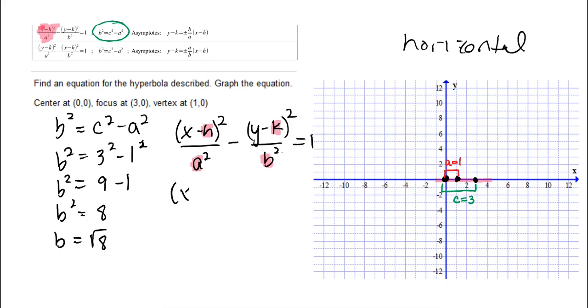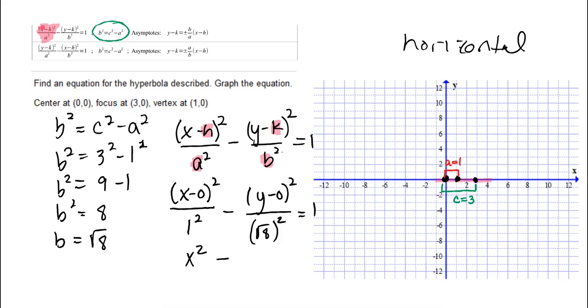So we have (x minus 0) squared over 1 squared minus (y minus 0) squared over square root of 8 squared equals 1. And that simplifies to x squared minus y squared over 8 equals 1.